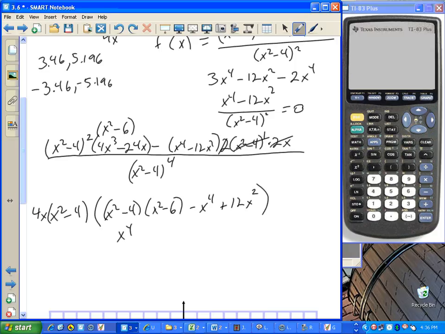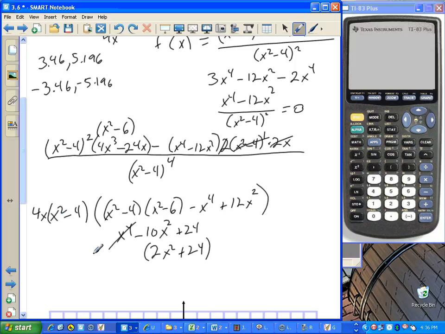Let's multiply this out to get x to the fourth minus 10x squared plus 24. Minus x to the fourth will cancel this, plus 12x squared turns this into 2x squared plus 24. Okay, so that worked out pretty well.